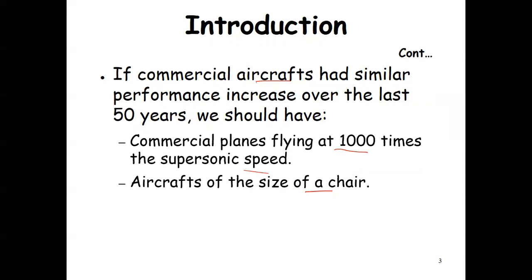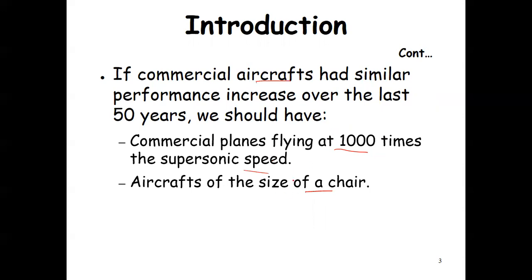So the number of transistors that we use in a chip, we are doubling every 18 months. And for example, if commercial aircraft improved at that rate, then we would have flights flying 1,000 times faster than the original flights designed 50 years back.